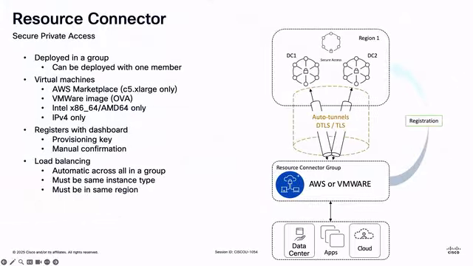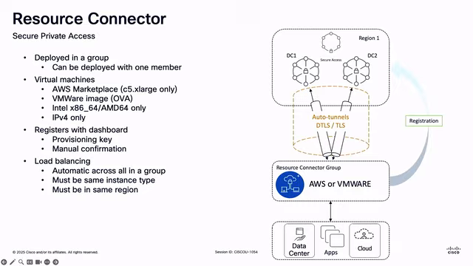Resource Connector. This is another option, an alternative approach to enable access to private applications, in addition to the IPsec approach that we just talked about. The difference here is Resource Connectors only support zero trust access connectivity, whereas IPsec can support any of the use cases that we talked about.